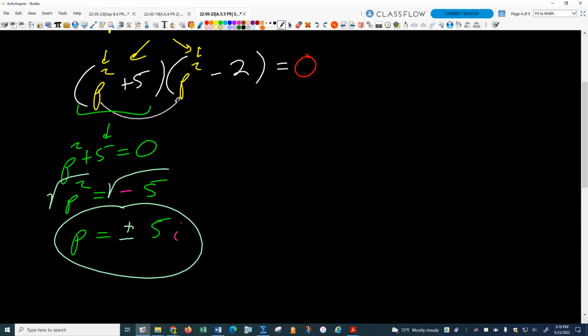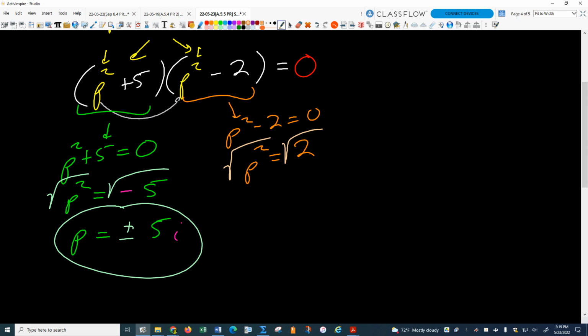How about the other 2? Let's look at these guys. What am I going to do there? Add 2 and square root, so I'm just solving the equation p squared minus 2 equals 0. So p squared equals 2. Square root each side. If I square root both sides, what do I have to include?